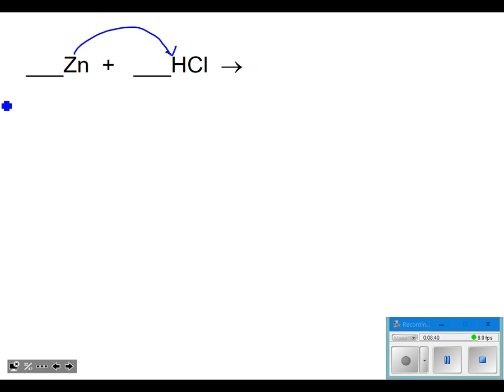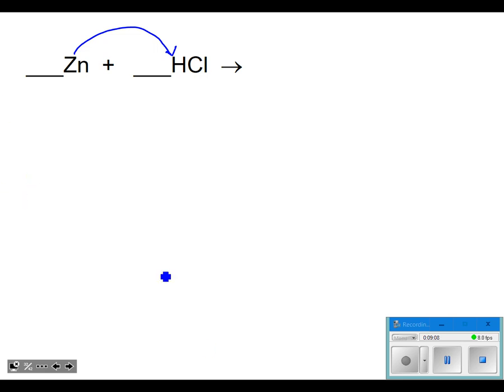It's what we use to see if zinc can really bump hydrogen out. You find zinc and put your finger on it, and then find hydrogen and put your finger on it. If the single element is higher on the activity series than the one it's trying to replace, then it will happen. So zinc will bump hydrogen out.